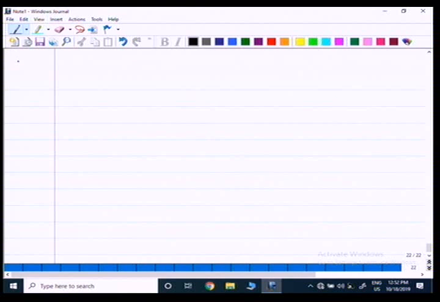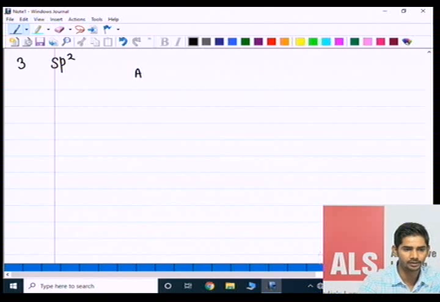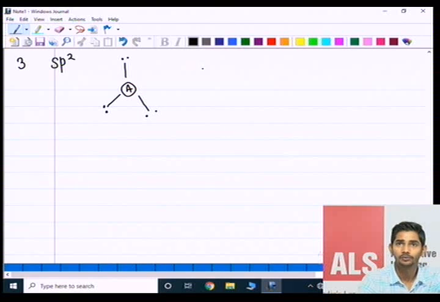Next, 3. Hybridization is sp2. Arrangement of electron pairs around the central atom will be like this. This is your A. Now there are two situations.